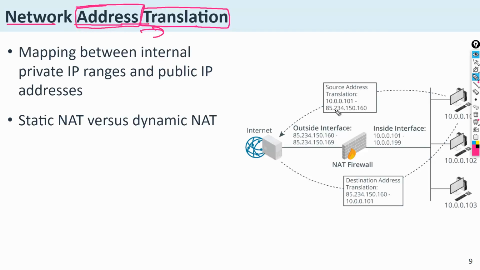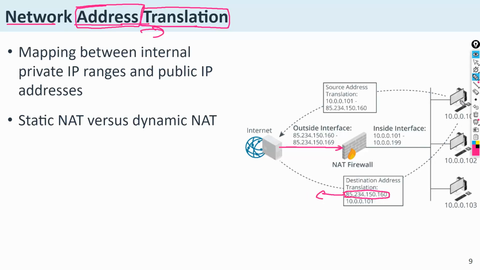For example, if any traffic is coming from the public area network and making the communication over the port number 8523150160, this is the public IP address.